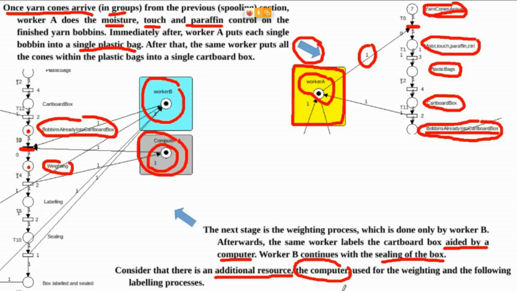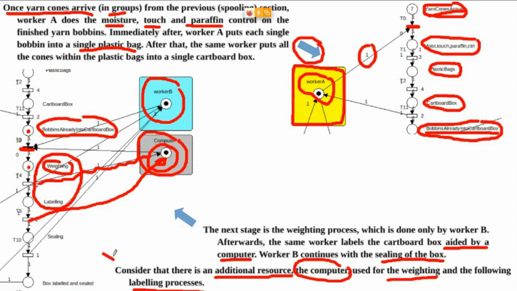The statement of the exam asks us for a modification of this behavior. If the computer is used for the weighing and the following leveling process, this arc must be erased from here and moved here, because both the weighing and the leveling process use the computer.